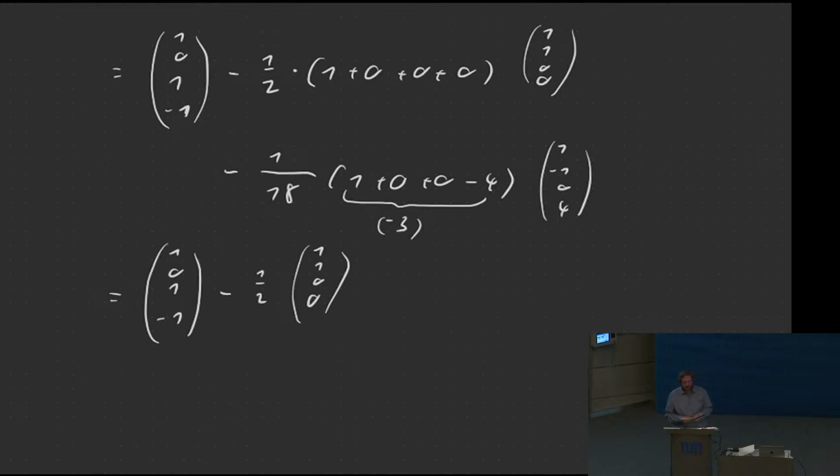So we have minus 1 over 18 times minus 3. That means we can factor out the 3. And we get something like, that's a plus, then 1 over 6, if I'm not mistaken, times (1, -1, 0, 4). Of course, you'll interrupt me whenever I make a mistake.